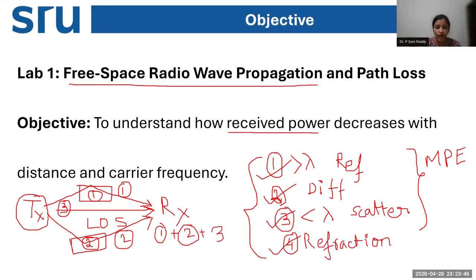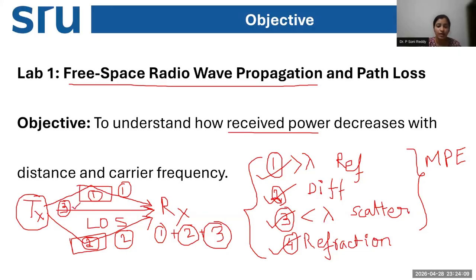So we have different copies of the same signal being transmitted by the transmitter, but they are traveling different path lengths. Different path length means as this is traveling a larger distance, the time taken by this signal to reach the receiver will be more compared to the signal coming by the direct path. Okay.